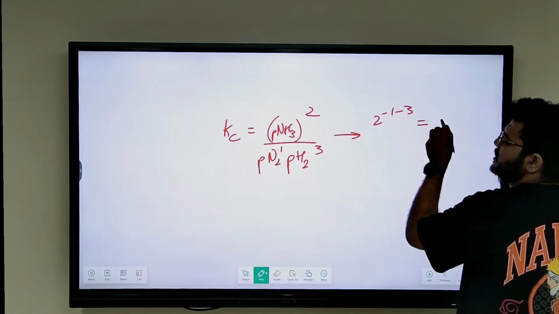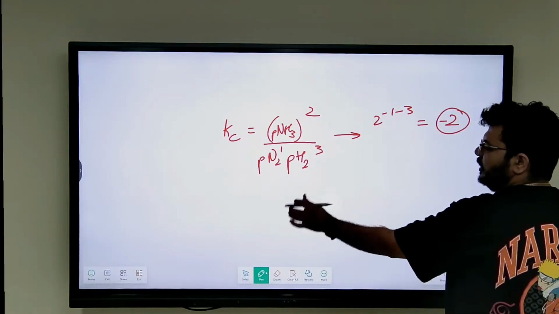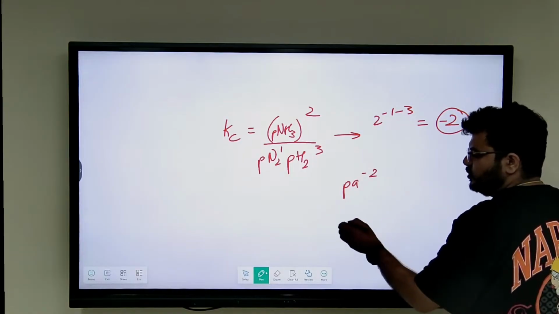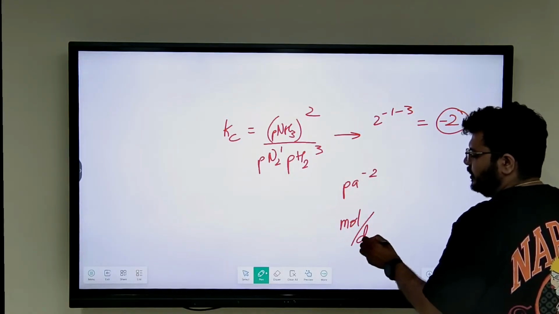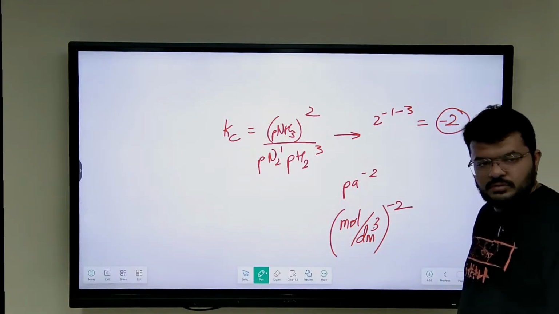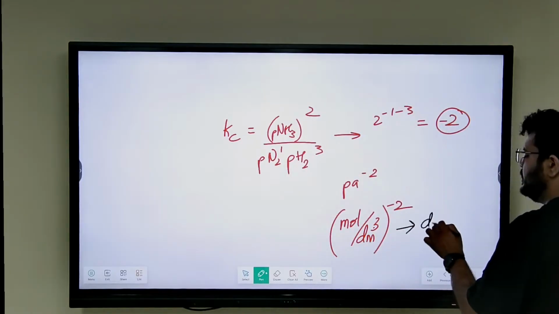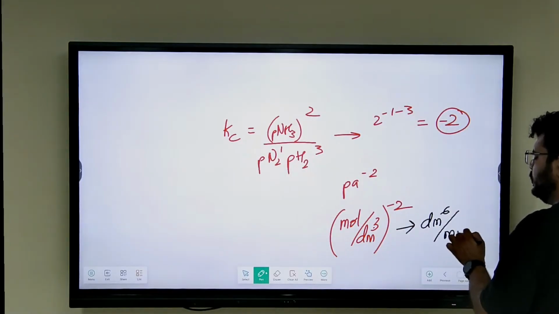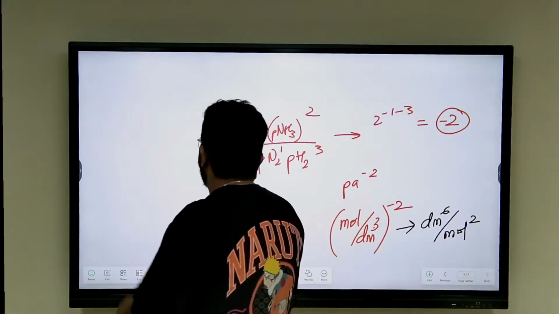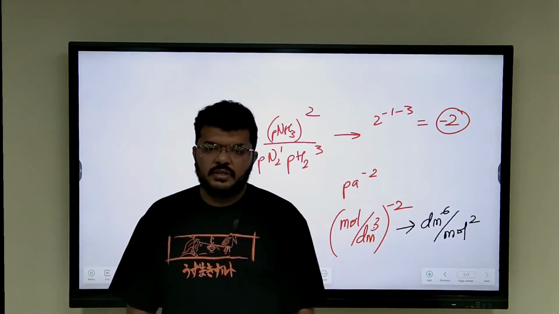The total power is minus 2. So simply, if it is partial pressure, then Pascal raised to power minus 2. If it was mole per dm cube, then that raised to power minus 2. This will give you dm raised to 6 upon mole square. है ना? That is the unit of Kc or Kp, है ना?